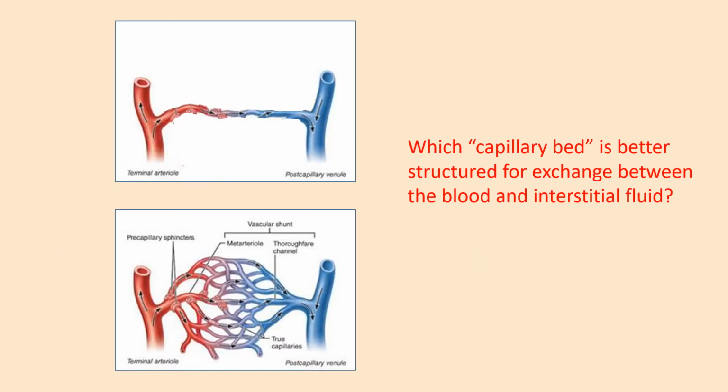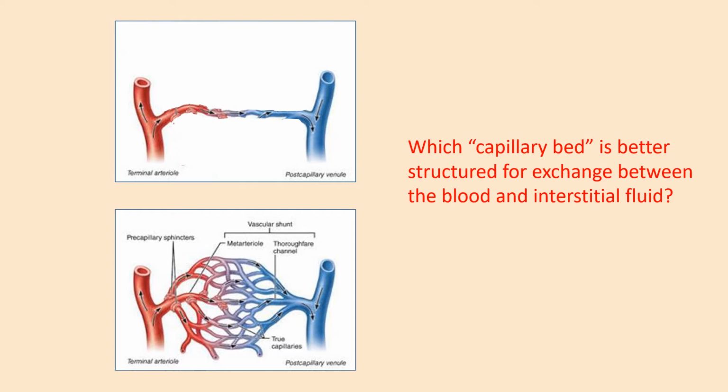To illustrate that point, we can look at these two, and I'll put quotes around that, capillary beds. Which one is better suited for exchange? If we look at the top panel, that capillary bed consists of just a single capillary. And in the bottom panel, there are numerous capillaries. So there's far more surface area available in the bottom panel relative to the top panel.